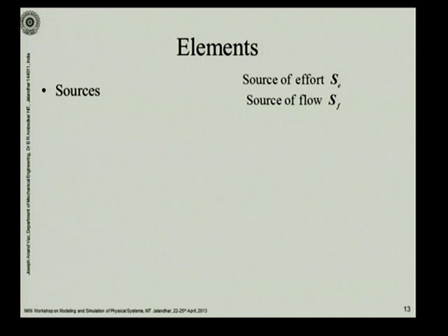With this, we will now come to the next aspect, that is the alphabet of bond graph, and these are the elements of bond graph. We have two sources, a source of effort and a source of flow.